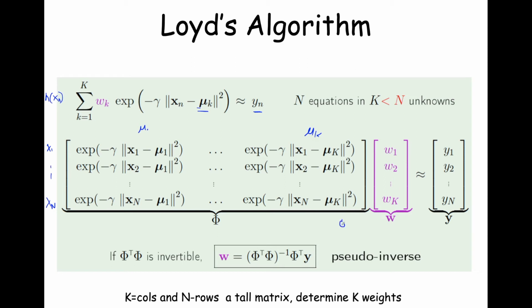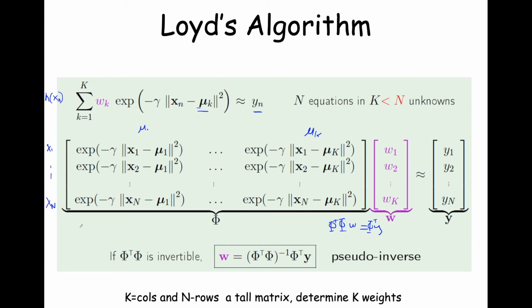We have phi times w is equal to y. So how do we solve this? We left multiply by phi transpose on this side, phi transpose left multiplying y. We do that because we know that phi is not invertible because it's rectangular, it's n equations in k unknowns, but phi transpose phi certainly is invertible because it's square.